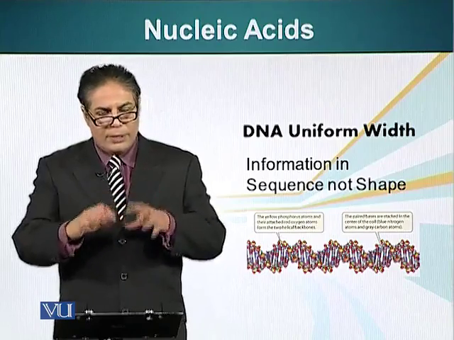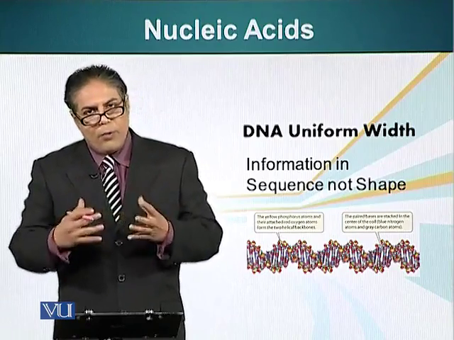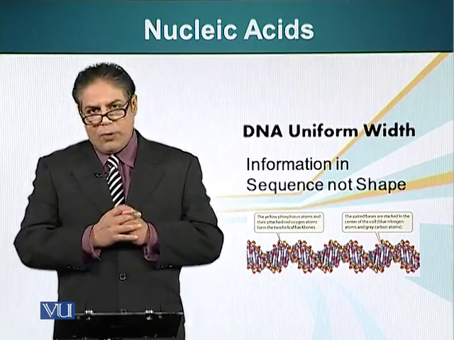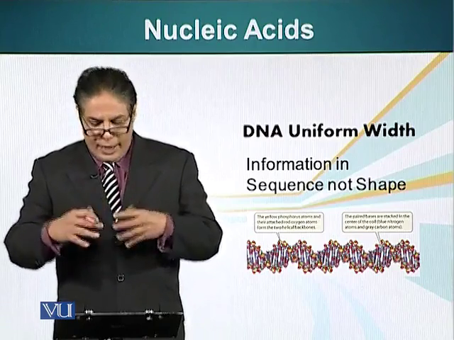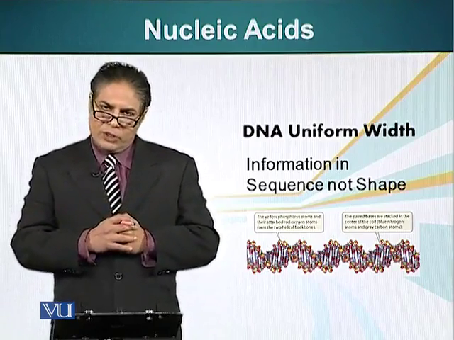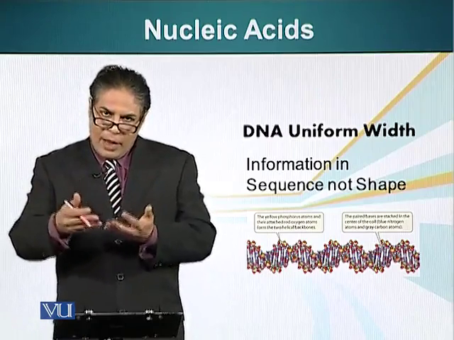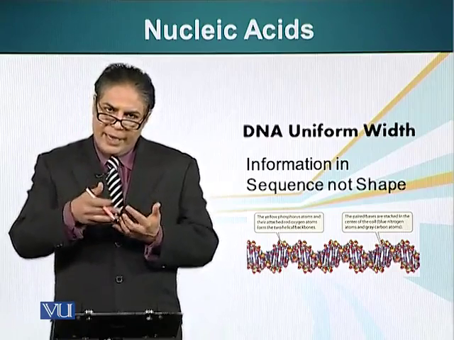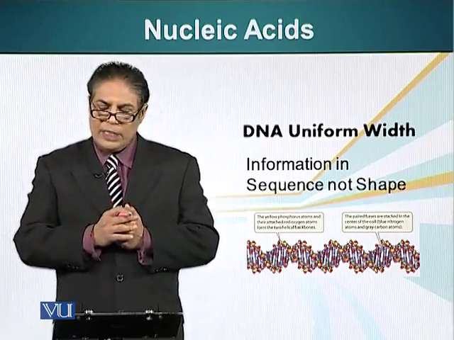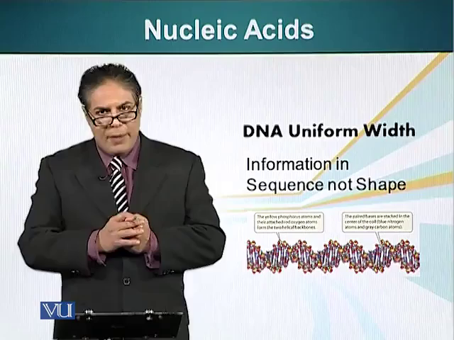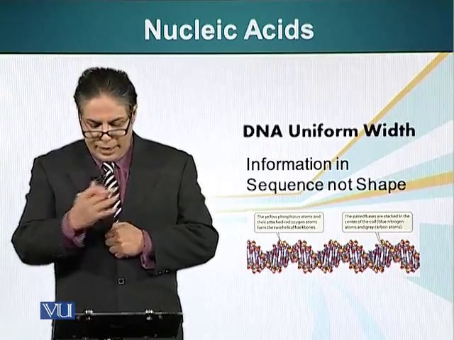It is not present on the outside. Like in proteins, the three-dimensional structure is important. DNA does not have a varying three-dimensional structure. In fact, it is uniform. It has a uniform diameter. The information this molecule carries is the sequence of the nucleotides, not the three-dimensional shape as was the case in proteins.